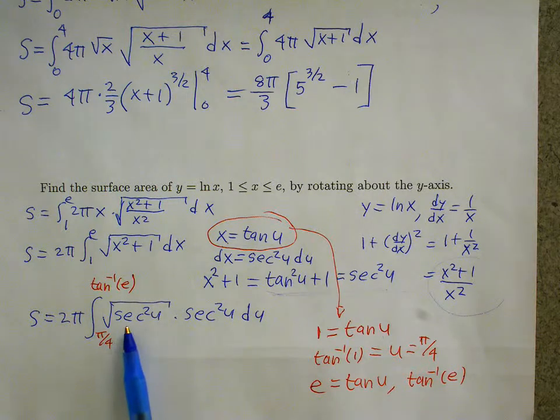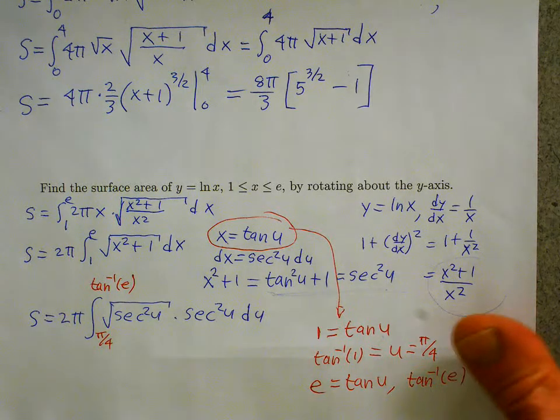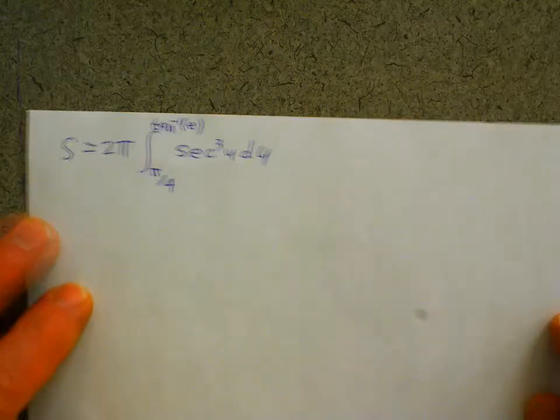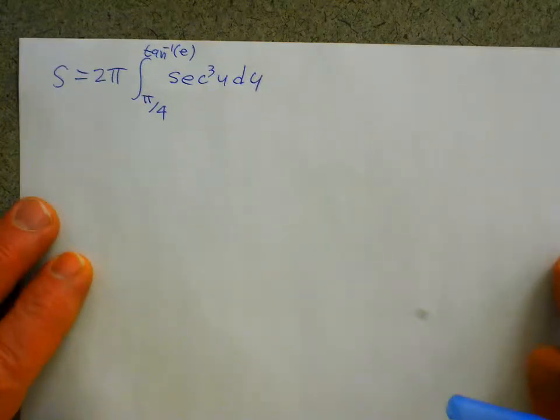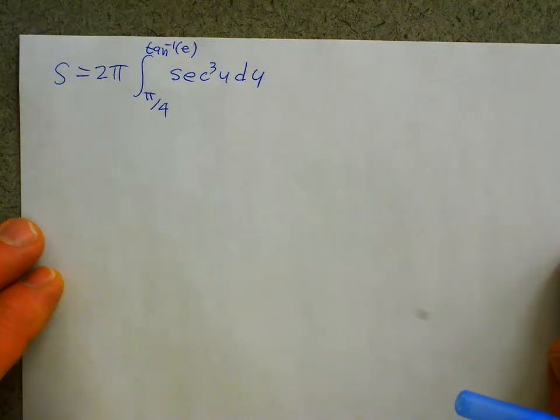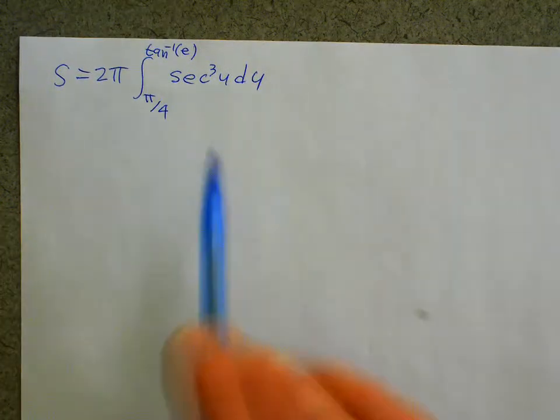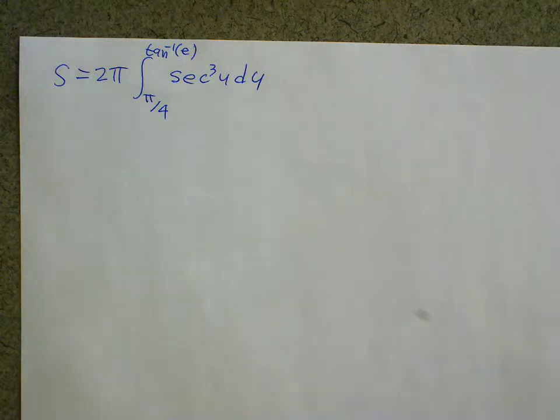When we take the square root of secant of u squared, we get secant of u, and secant of u times secant of u squared is secant of u to the third. Okay, so that is this integral here. And we've seen the integral of secant of u to the third du before. We probably didn't use the variable u, but that's just a happenstance.